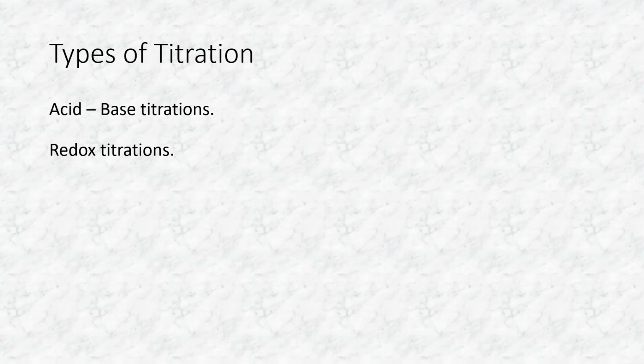And in that case, the reaction happening in the flask is the sample being oxidized and the oxidizing agent being added is reduced until all the sample substance is reacted and the endpoint is reached. And of course, we can do the alternative version of a redox titration. Our sample might be something that can be reduced, and we would use a solution of known concentration of a reducing agent to react with it to do the titration with.